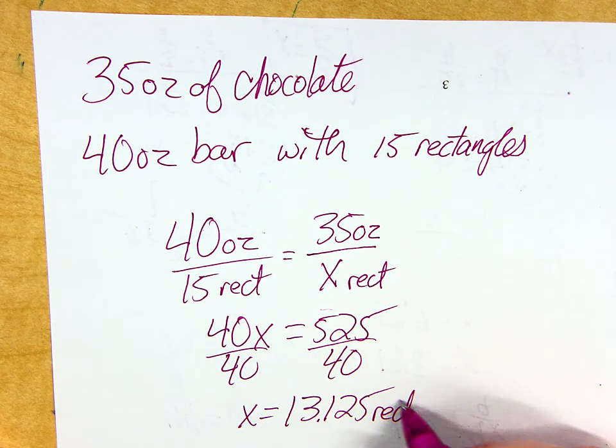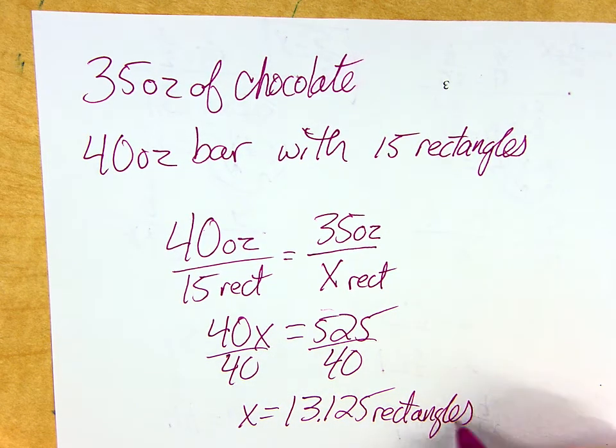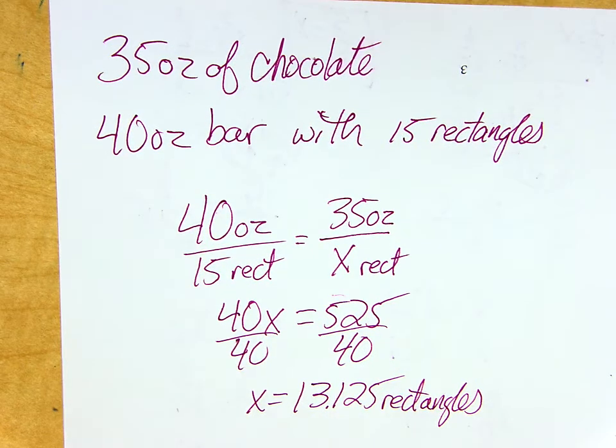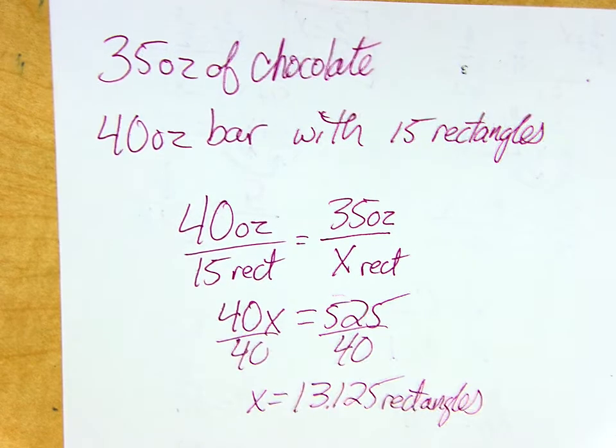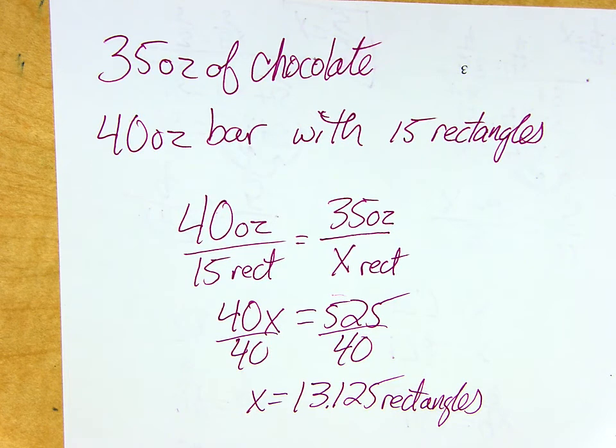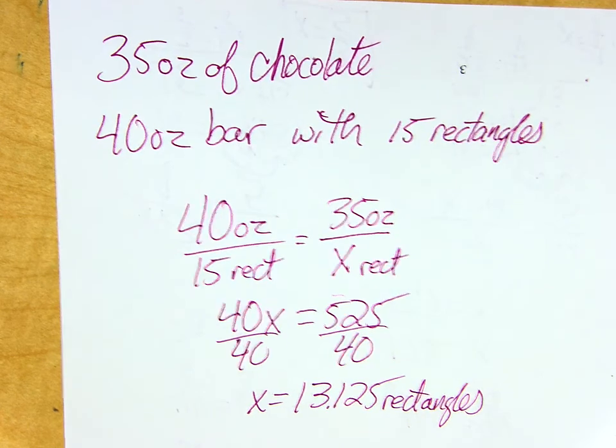And these are rectangles. So I'm going to tell my friend to use 13 and a little bit more of one more rectangle. Though honestly, if it's me, I'm just throwing the whole bar in there with 15, because who doesn't like extra chocolate? But okay, so does this make sense? We're all right? Okay.